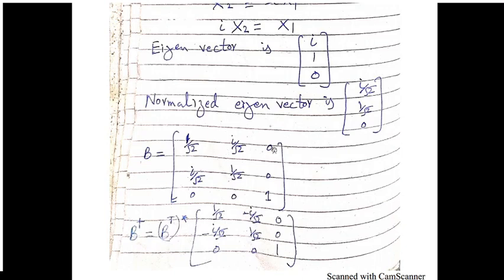Now here we have complex iota values, so you need to calculate first its conjugate. What we see is that iota bar is equal to minus iota. What is that?